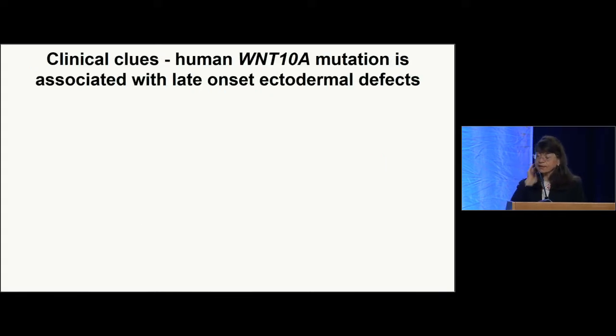So a clue to this issue came from genetic analysis of human patients, which showed that the human Wnt10A gene, when mutated, is associated with late onset of ectodermal defects, suggesting that Wnt10A might be an important Wnt ligand for epithelial renewal.